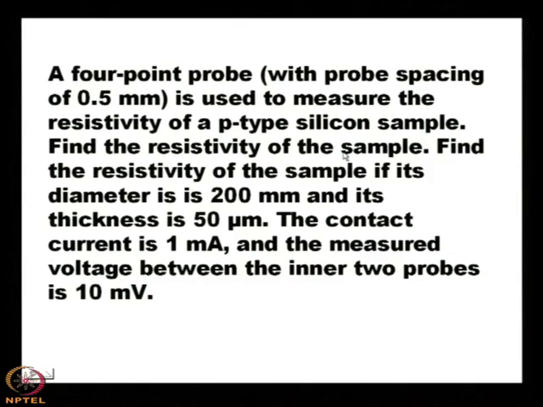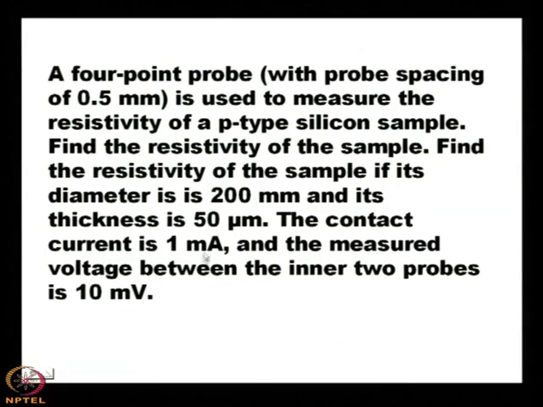Find the resistivity of the sample if its diameter is 200 millimeter and its thickness is 50 micron, the contact current is 1 milliampere, and the measured voltage between the inner two probes is 10 millivolt.